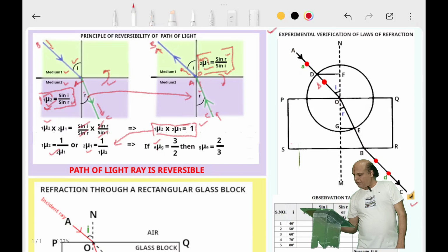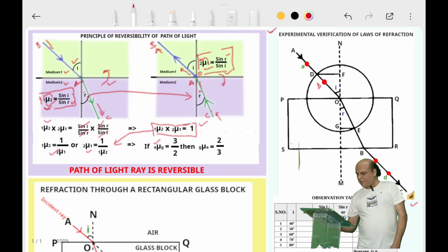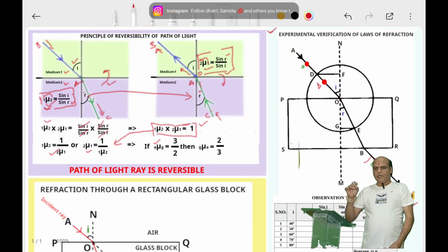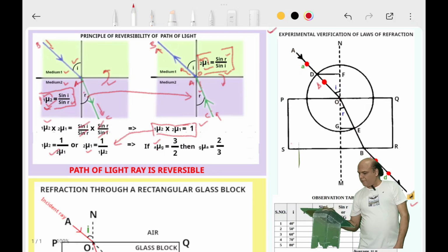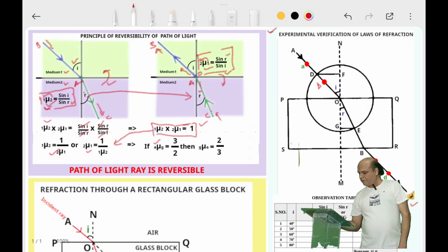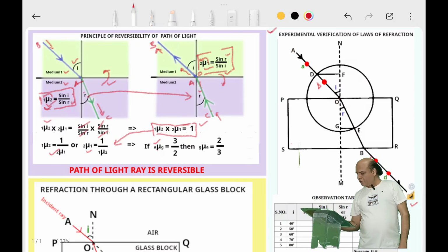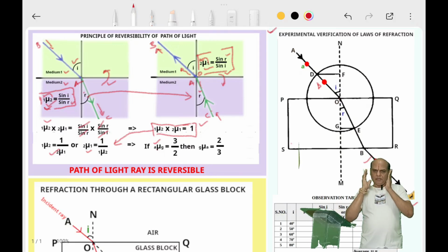You will see the images of the pins somewhere. Wherever the image of the first pin is, you put another pin at point C. So C is the image of pin A. While looking from here and matching that pin, you press another pin at point C. Likewise, for the image that matches with pin B, you put another pin at D. When you are watching from this side, all these four pins, 1, 2, 3, 4, will appear to be in a straight line.